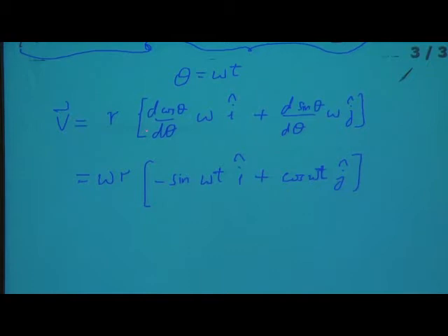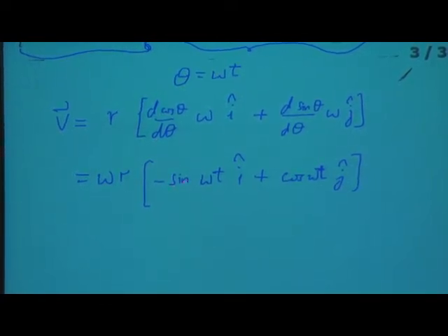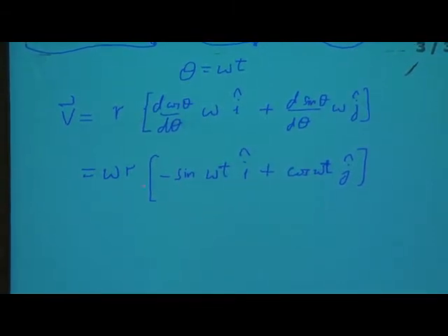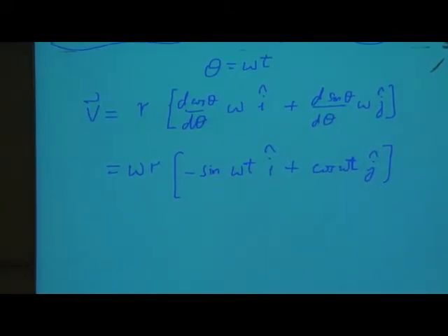And I just showed you by drawing a picture that the derivative of cos theta with respect to theta is nothing but sine theta with a minus sign. The minus sign is because as you increase the angle, cosine decreases.